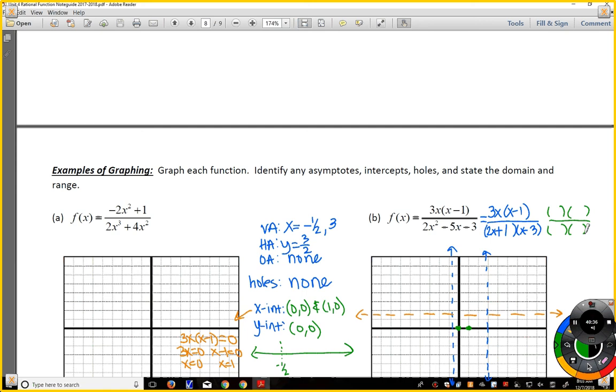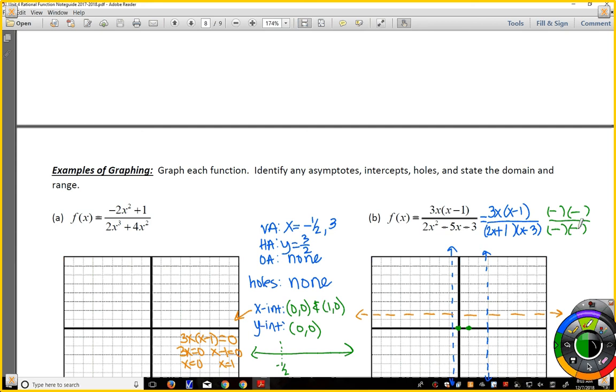When I plug in negative 10 here, 3x would be negative. When I plug in negative 10 to this factor, negative 10 minus 1 would be negative. When I plug in negative 10 here, it will be negative. And when I plug in negative 10 here, it will be negative. All of that work will end up creating what?